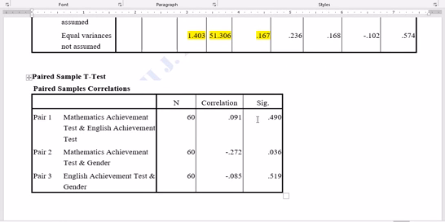Yours can be more than that. And these are the significance levels for this paired sample correlation. So these are correlation values. These are correlations of 0.091, minus 0.272, minus 0.54. That's what we have. And from this place, although we are not dealing with correlation now, when we get to correlation, let us know that.